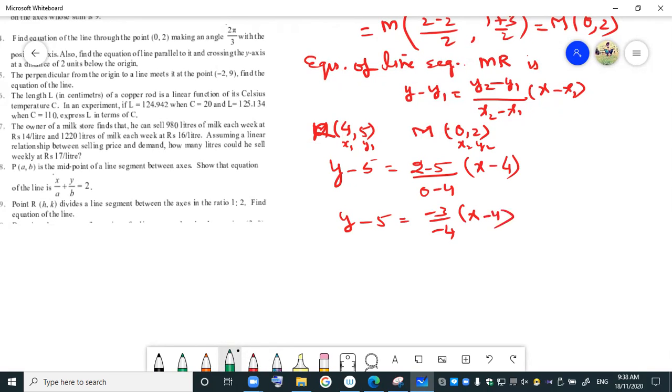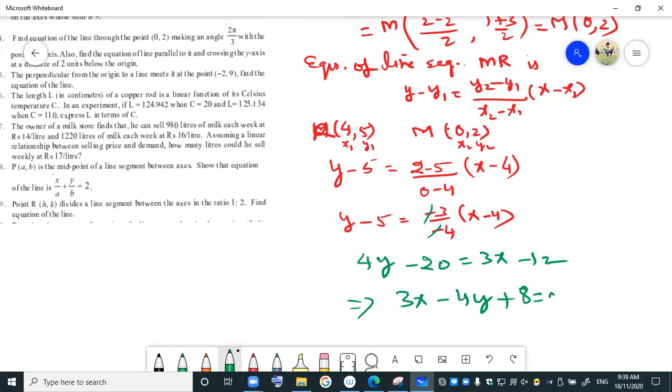This minus will cancel, 4 will multiply: 4y minus 5 times 4 is 20 is equal to 3x minus 3 times 4 is 12. So the equation will be 3x minus 4y, 20 will come here, 20 minus 12, 8, plus 8 is equal to 0.